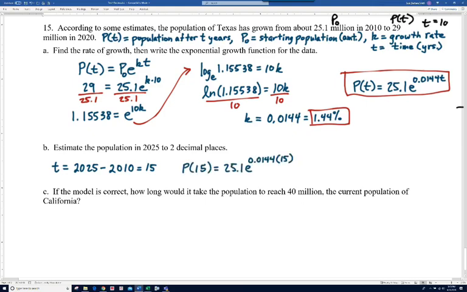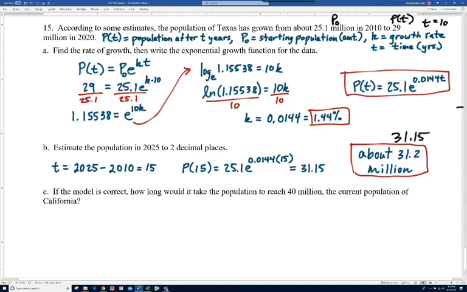So plug 15 into our function, and when you do that, you should get 31.15. And actually, I should have written it that way. I just realized I said 2 decimal places. So about 31.2 million, or really it should be 31.15 if we're going to use 2 decimal places.